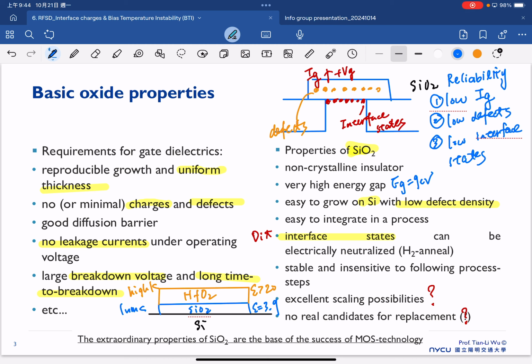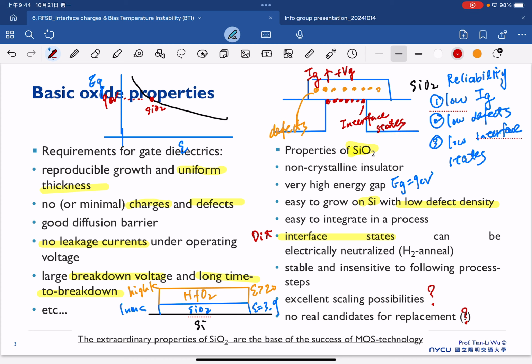And this is because we generally have a trend. If you look at the band gap versus the dielectric constant, we always have a trend like this. In the case of silicon dioxide, it has a large band gap, 9 electron volts.